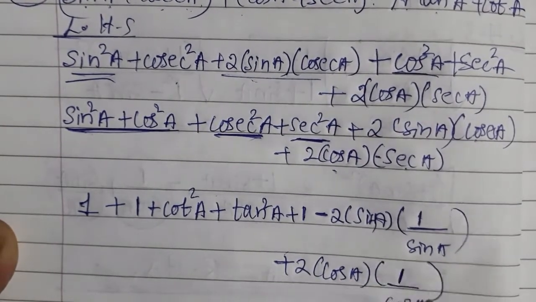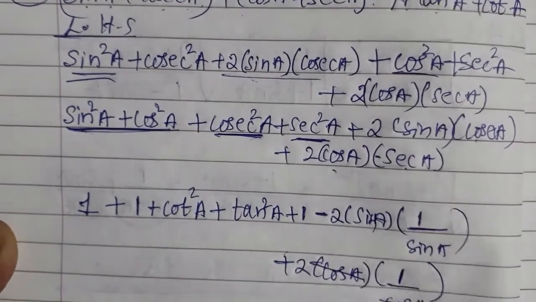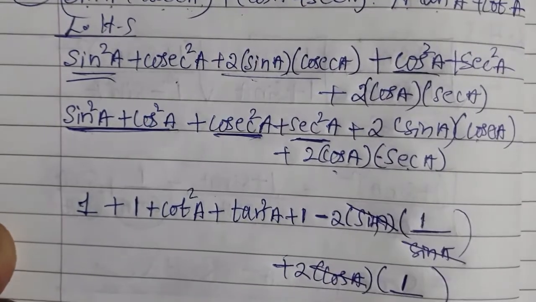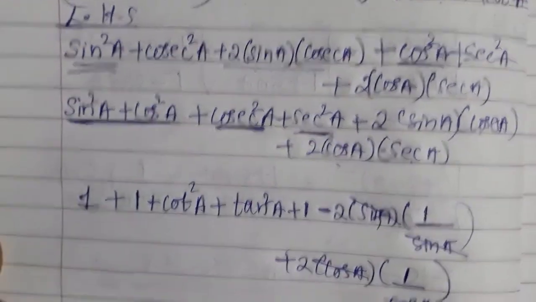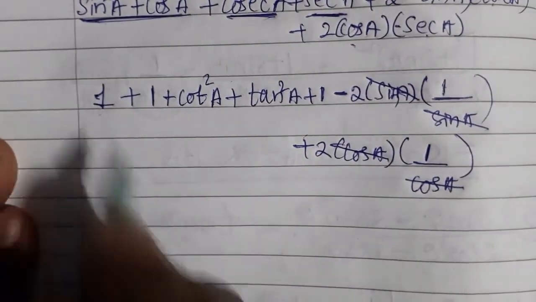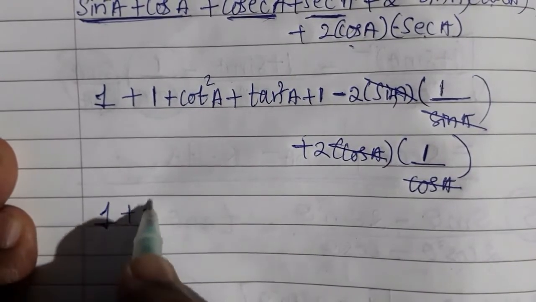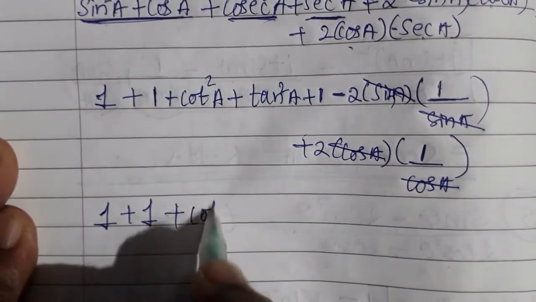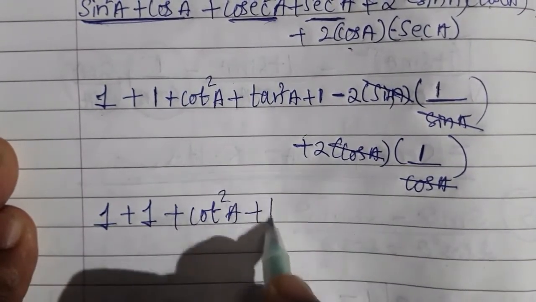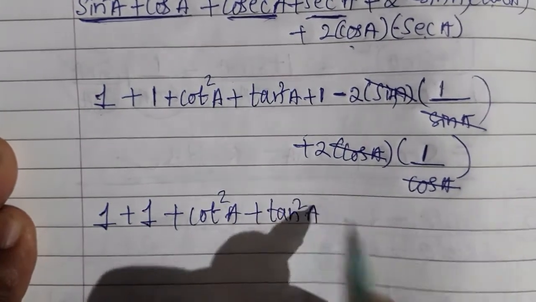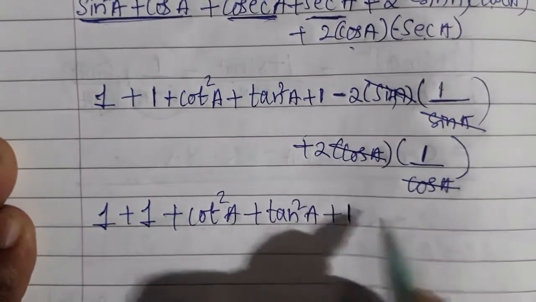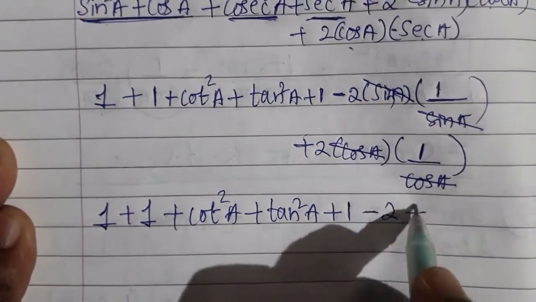That is a reciprocal. Now here cos A will cancel, here sin A will cancel. Now what is remaining? 1. 1 is remaining, plus 1 is remaining, plus cot² A plus tan² A plus 1, plus 2 plus 2.